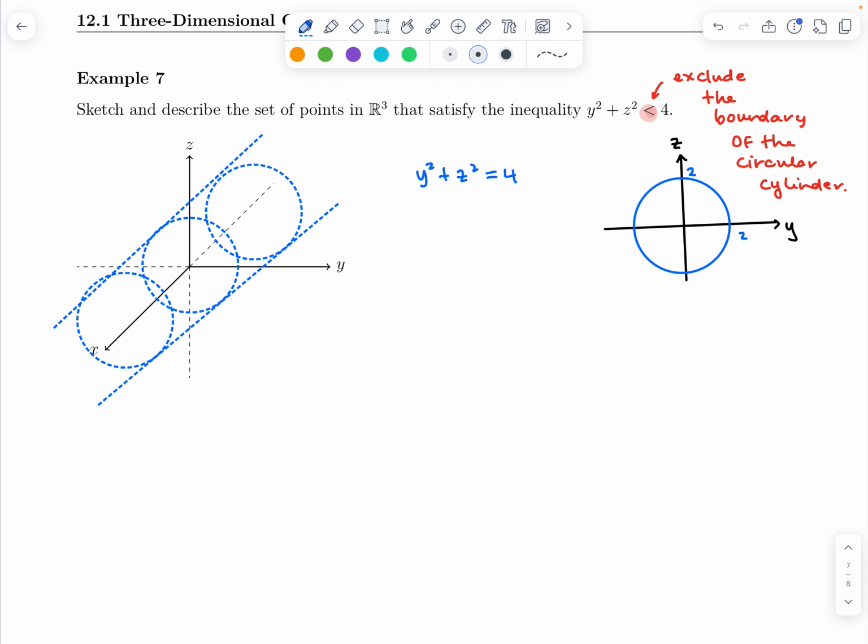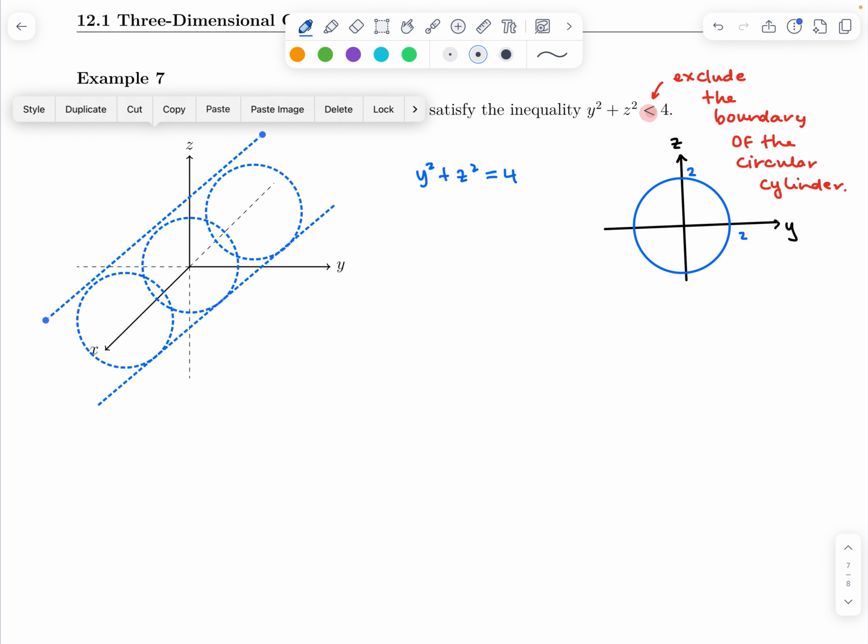Remember, the surface is not included because the inequality is strict. So now I have the base shape that is creating the boundary for what my region actually is. Let me fix that a little bit, that looks kind of crappy.